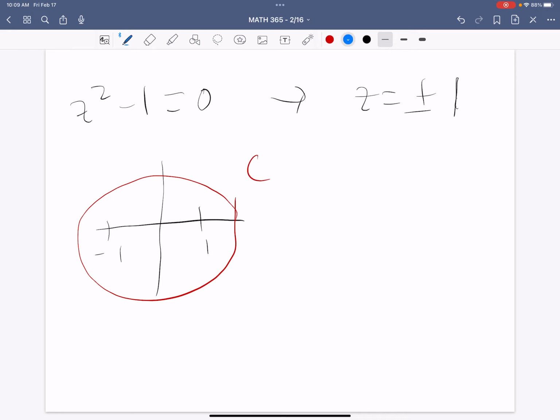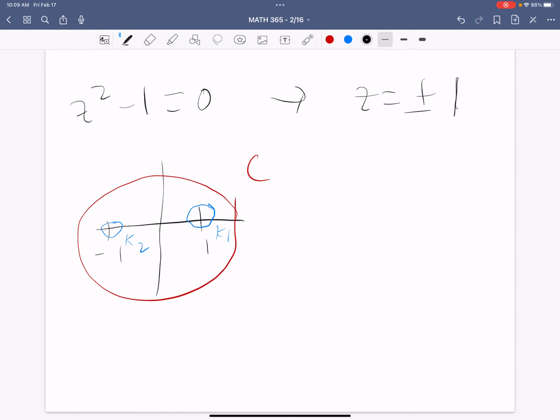is right here. So my function has 2 spots where it fails to be analytic, and so the trick ends up being to do a k1 here and a k2 here. And it turns out that the integral on C will actually equal the sum of the integral on k1 and the integral on k2.